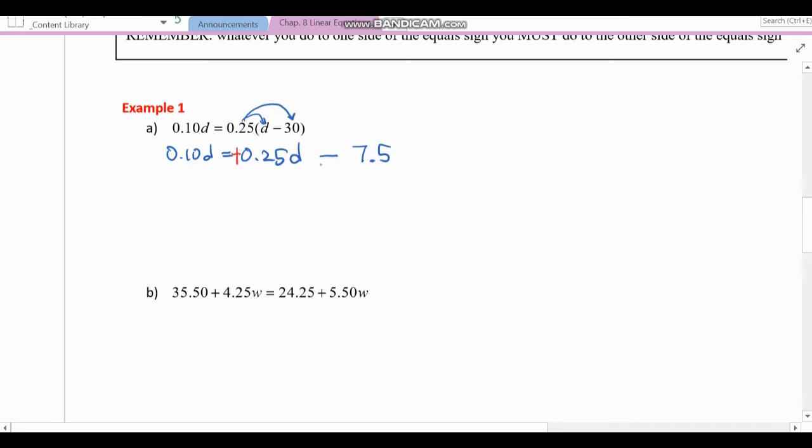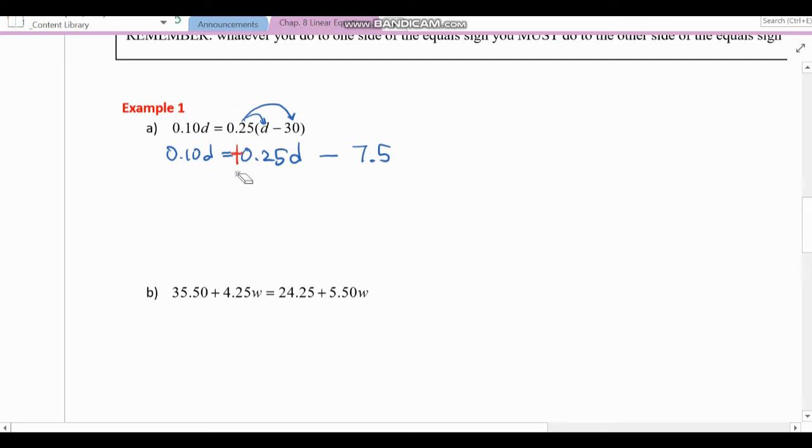Some students think that the sign behind the number belongs to this. No, it's not. This belongs to 7.5, right? So the sign of 0.25d is plus.